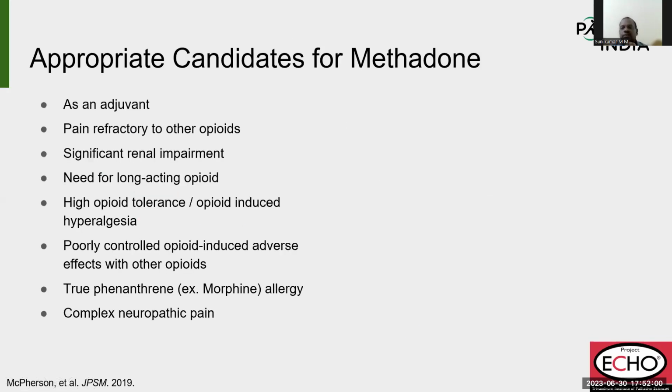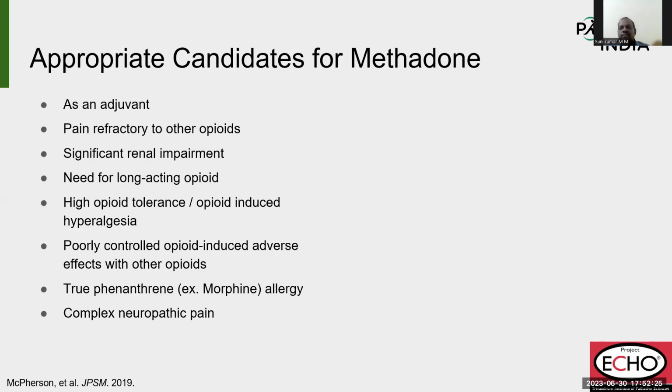So now we are moving on to who are the appropriate patients to start on methadone. Methadone can be used as an adjunct. Suppose a patient is on morphine 10 milligrams 4 hourly, and SOS.